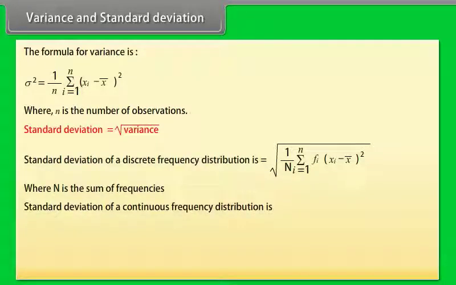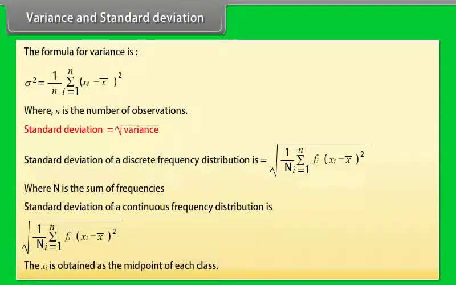Standard deviation of a continuous frequency distribution is the square root of the summation from i equal to 1 to n of the product of the frequency fi and the squared difference between xi and the mean x bar, divided by capital N. The xi is obtained as the midpoint of each class.